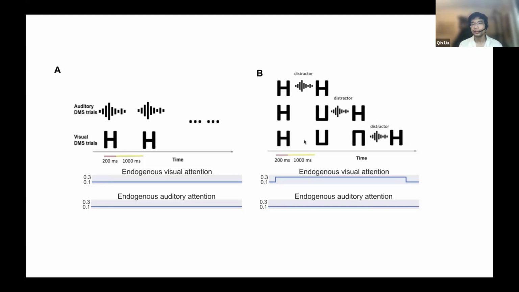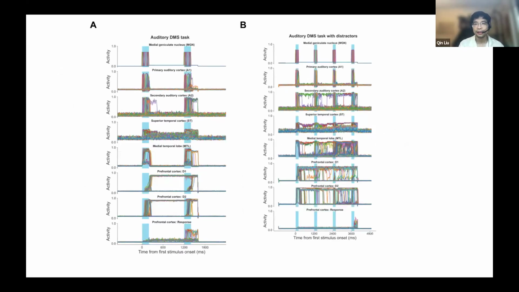So the model still needs to answer whether the images are the same or not, but in the meantime, it needs to process the auditory distractor. Although it's not important, if the sound is very loud, we found that the model will forget the visual images it just saw.